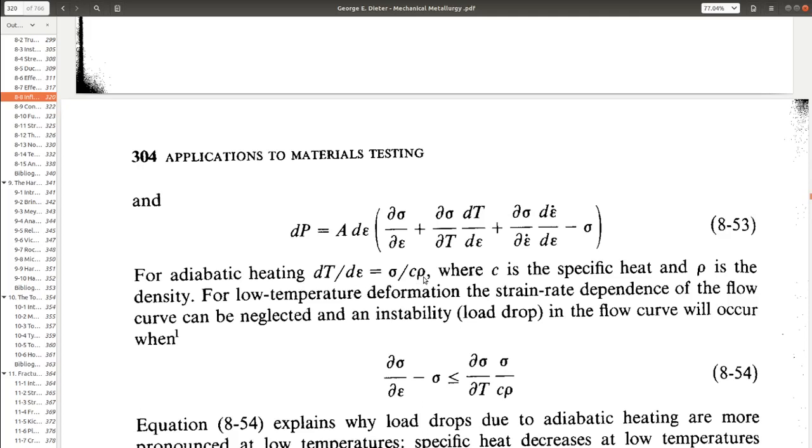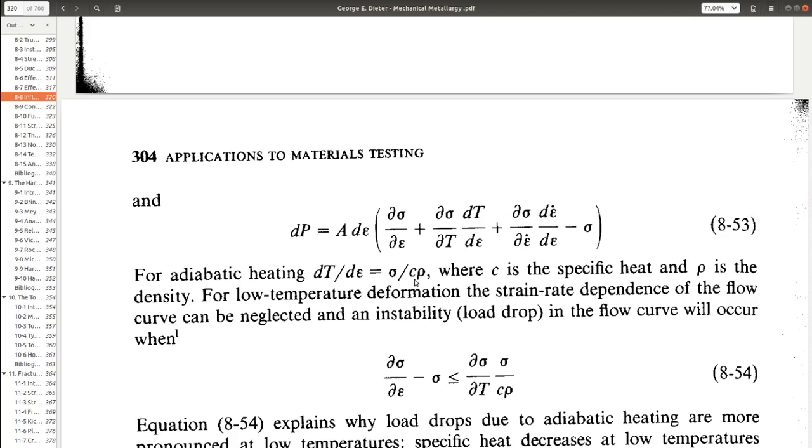So C rho into dT is the increase in the internal energy, and work is sigma into d epsilon, that's the work supplied to the system. And so therefore I can write dT by d epsilon is equal to sigma by rho c. Okay, and now in the place of dT by d epsilon, which is over here, I could write sigma by rho c.